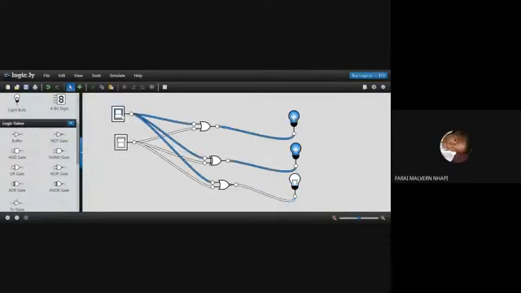If one input becomes true, the output becomes false. If both inputs become true, the output still remains as false. Does that make sense, ladies and gentlemen? Yes, sir.